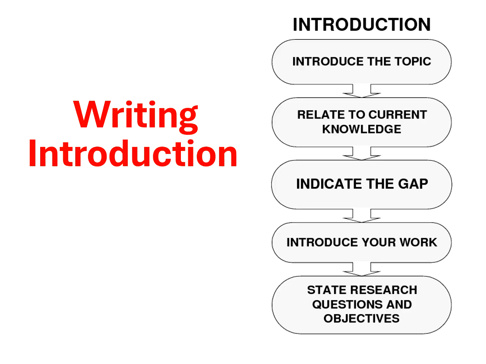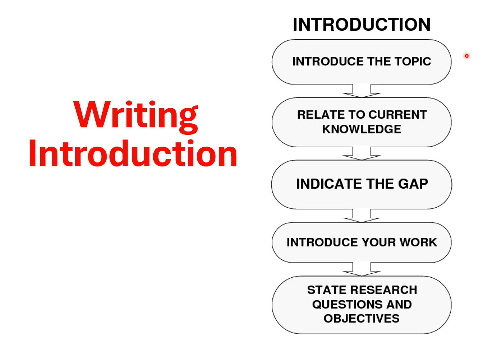Writing the introduction, starting from the broader topic and coming to your research objective, question, or hypothesis. This constitutes the beginning of the story, and it should be in a logical, connected, sequenced way.